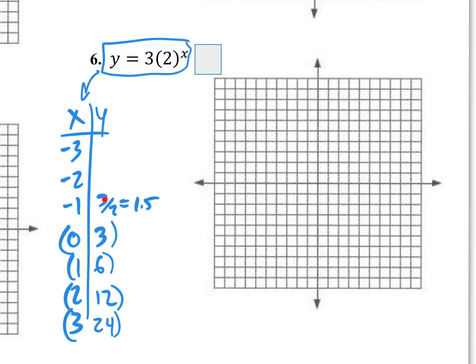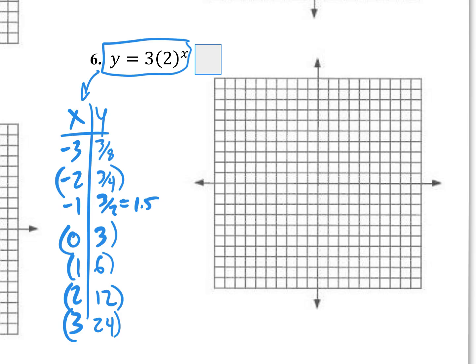And then if you take 3 halves and multiply it by half to go up, it'll be 3/4. You could do that on the calculator. You could do 3 halves times 1/2, and it'll give you 3/4. So we have these coordinates, and if you wanted to keep going up this way, 3/4 times 1 more half would be 3/8, which technically keeps getting smaller and smaller.